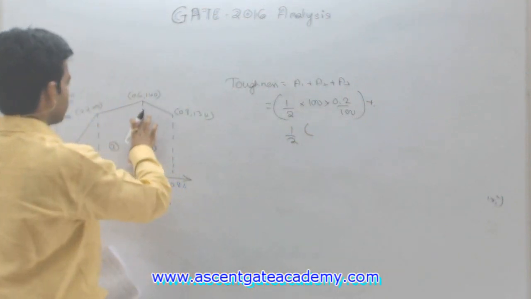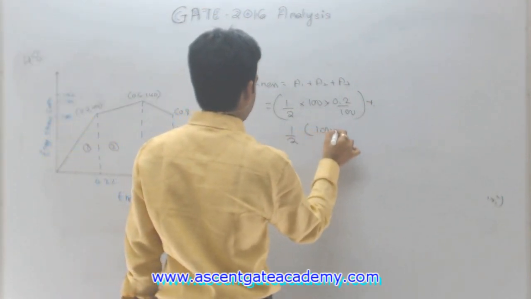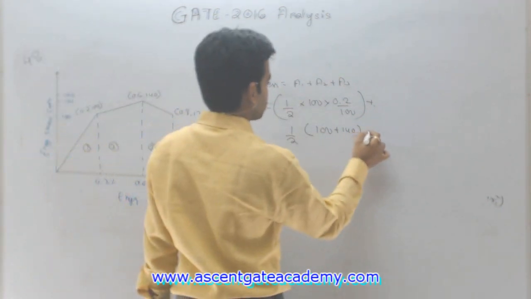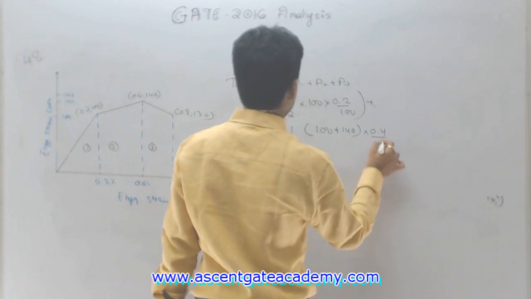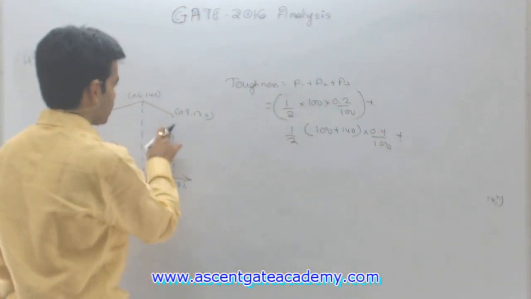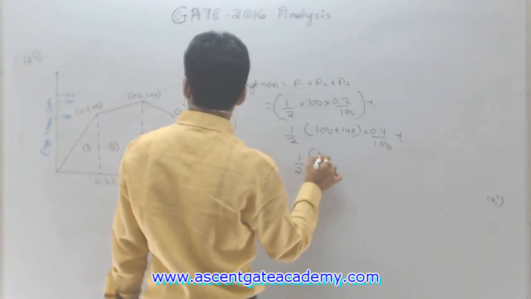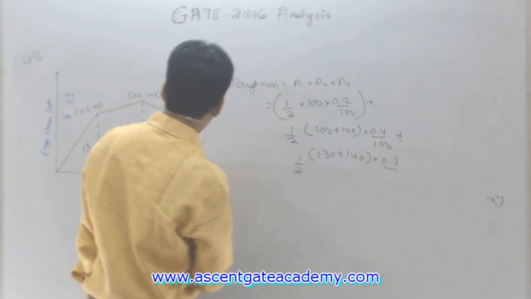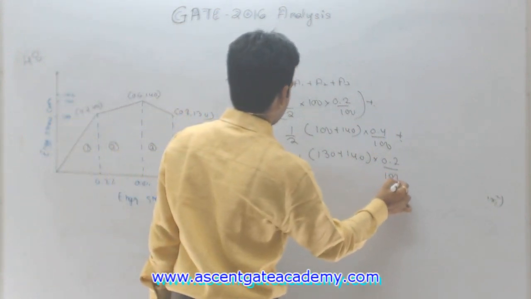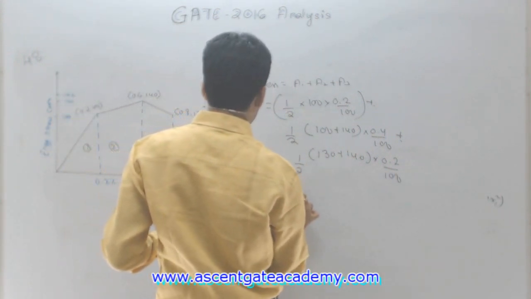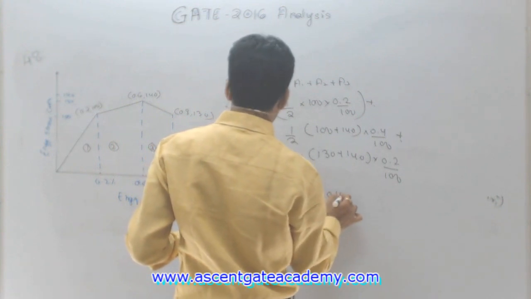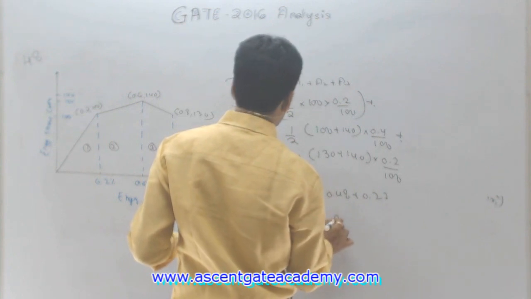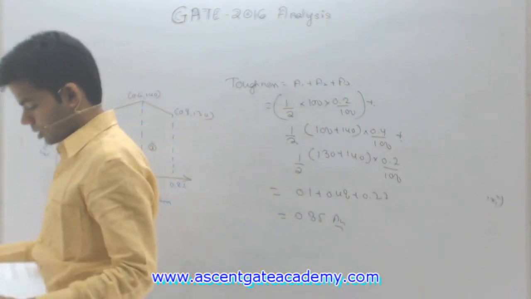Half of W1 plus W2 into L, so this will be half of 100 plus 140 into L, which is 0.6 minus 0.2, equal to 0.4, upon 100, plus the third area, again a trapezoid, half of 130 plus 140 into 0.8 minus 0.6, which is 0.2, upon 100. From here, on calculating this you will get 0.1 plus 0.48 plus 0.27, so this will be equal to 0.85. Answer. Getting this or not?